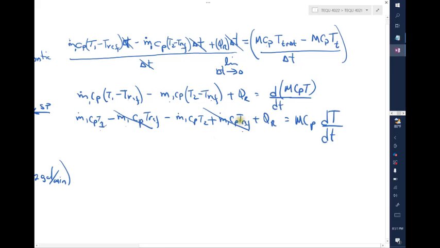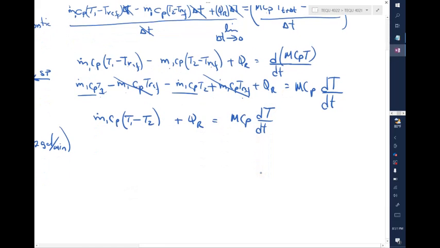After you cancel that out, you can combine this term and this term, so you end up with M1 Cp in parentheses, that's a common factor, T1 minus T2 plus QR equal mCp dT/dt, the rate of change of temperature versus time here.